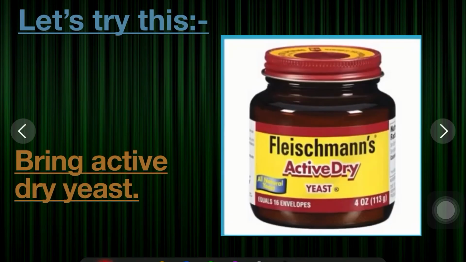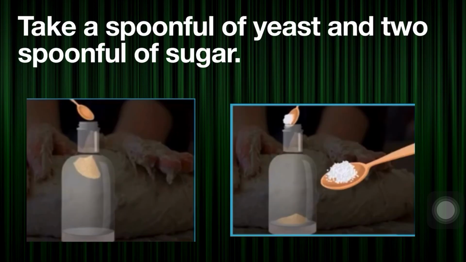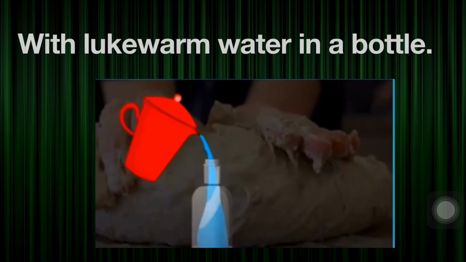Students, let's try an activity. Bring active dry yeast from the market. Mix a spoonful of yeast and two spoonfuls of sugar with a sufficient quantity of lukewarm water in a bottle.